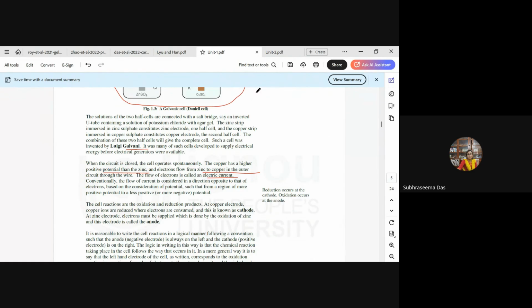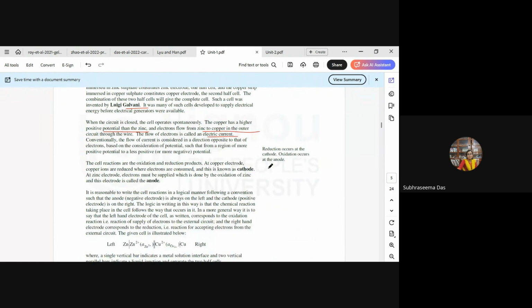So we have to find out in both of the half cells where oxidation is happening and where reduction is happening. In a galvanic cell, at the copper electrode, the copper ions are reduced, where electrons are consumed, and this is known as the cathode. At the zinc electrode, the electrons are supplied by the oxidation of zinc, and this part is called the anode.